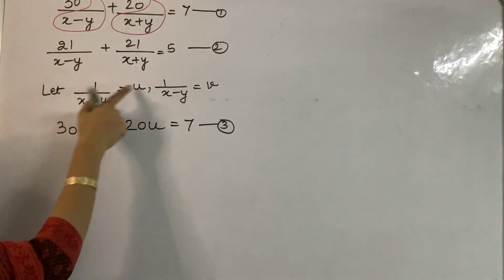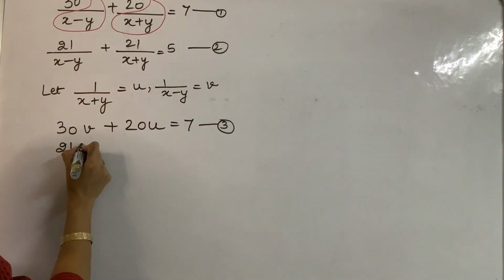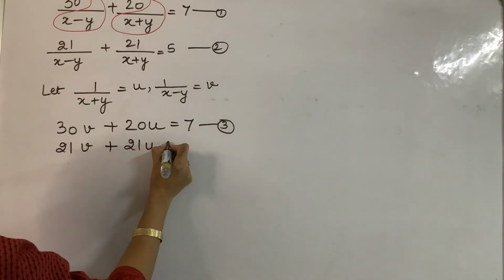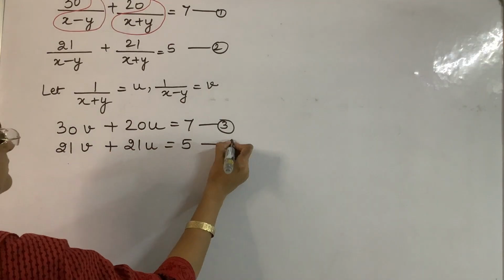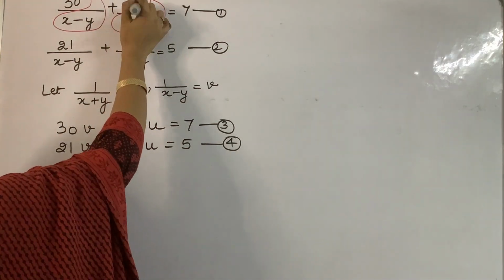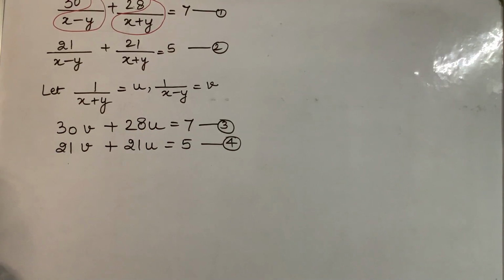And in the second, 21 upon x minus y, I'll put v, plus 21u is equal to 5. This becomes the next equation. Agreed? This is 28 here. Let us make it 28. Agreed?